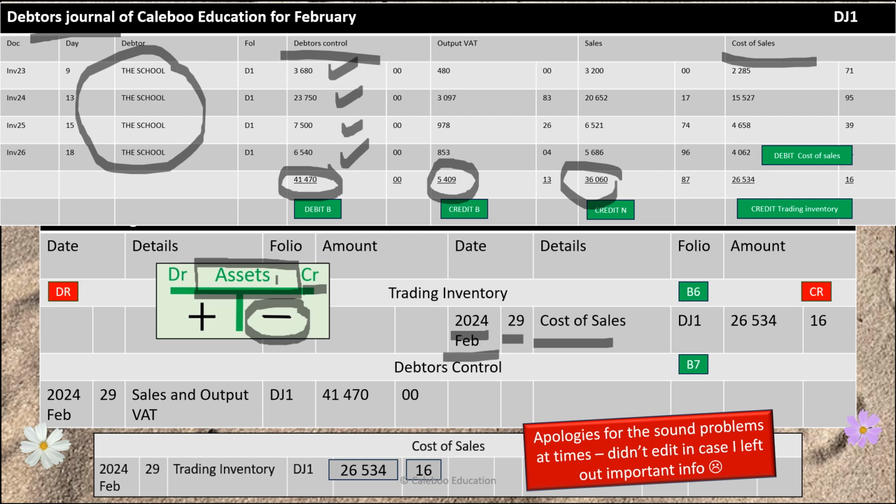Where did we get the information? From the debtors journal. And the amount is taken from the total of the cost of sales column in the debtors journal, 26,534. So we did this over here.